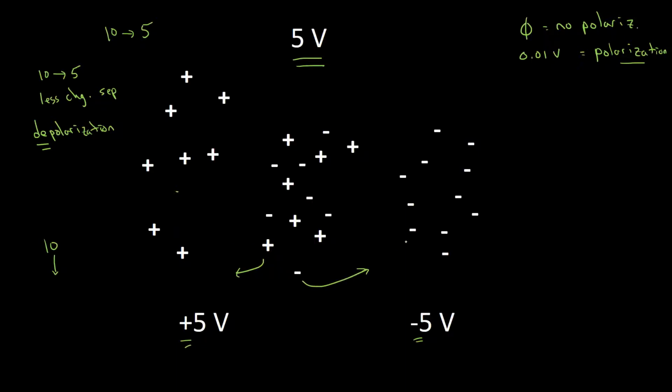So we're increasing the separation of charge. We call that a hyperpolarization. So if we go from 5, say back to 10, we're increasing the separation of charge, hyperpolarizing. So the key words here: polarization, depolarization, where we're reducing the separation of charge, and then hyperpolarization, where we're increasing that separation of charge.